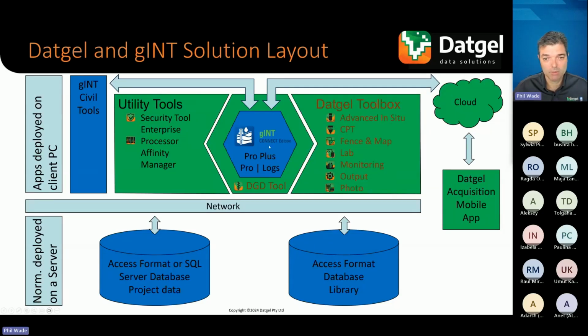And gINT also, apart from the main program, has gINT Civil tools, and this sort of lays out how the system is installed. So what's on the top half of the screen is what you install on your desktop computer, and the databases can sit either on the same computer or on a server as well.